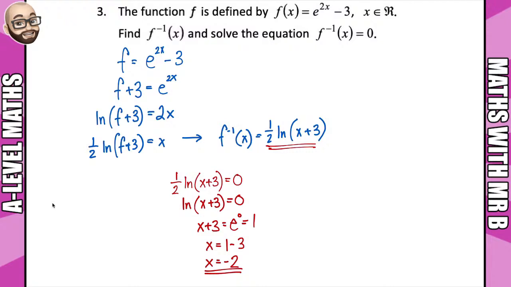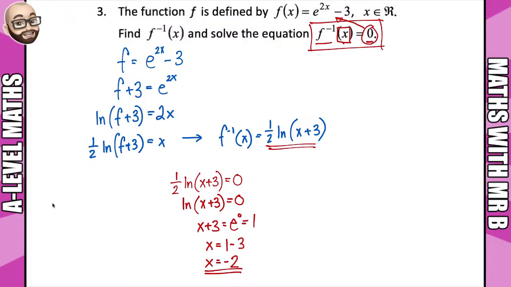Now the other way of thinking about this is if we look at that line there, this says the inverse of some number gets us 0. So that means at the beginning we plugged 0 into the actual equation to get x, and now we need to go backwards, do the inverse of x to get us back to 0.